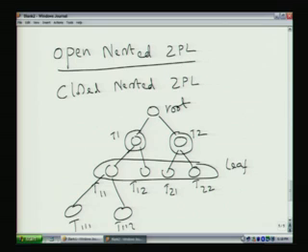Now, in terms of an open nested transaction, it is possible to convert an open nested transaction model into a closed nested transaction model, because if there is processing being done at T1, you can spawn that separately as a sub transaction of T1, say T1 dash, which means that the processing is never done at the intermediate nodes.